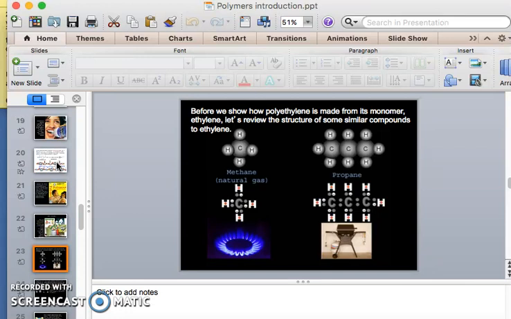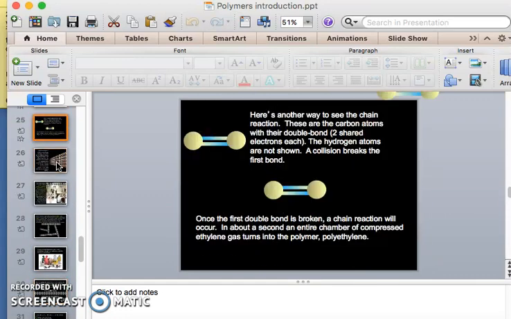So, ethene, when it combines together with itself, will result in polyethylene. It's a chain reaction, and I'm sure that Mr. Garrett has given you so many examples of chain reactions. An ethene molecule combines with an ethene molecule, and in that process, the bond shifts here.